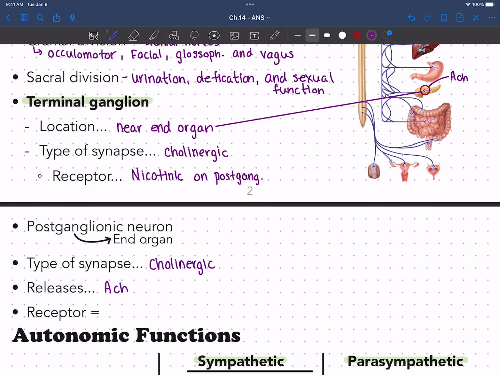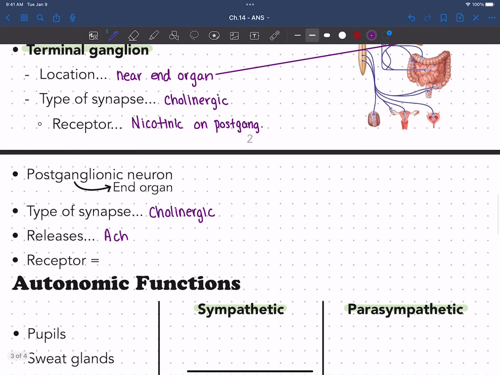The receptor here, however, is different. This receptor that would be on the end organ is called a muscarinic receptor. Right, that is on the end organ.